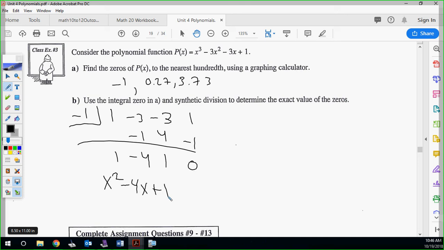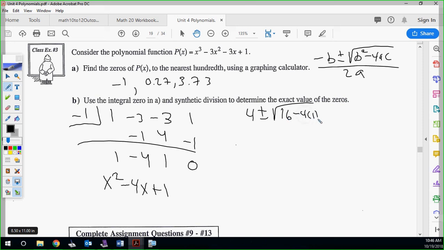So this is where you use your quadratic formula skills. The quadratic formula is negative b plus or minus the square root of b squared minus 4ac, all over 2a. If you need it, they'll give it to you. I don't think you have to memorize it for the diploma exam because it was on your Math 20 formula sheet. So negative b is plus 4, plus or minus the square root of negative 4 squared, which is 16, minus 4 times 1 times 1, all over 2 times 1.